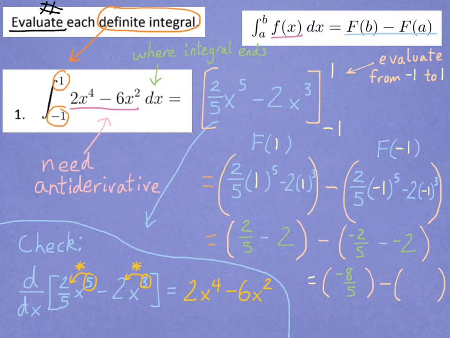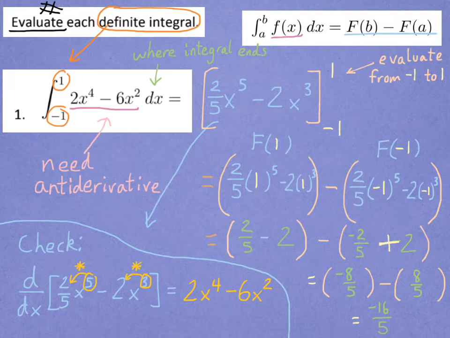For the second set of parentheses, a negative 2/5 minus minus 2, that would be plus 2. So 2 again being 10/5, negative 2/5 plus 10/5 would be positive 8/5. Okay, and we're subtracting those, so we would get negative 16/5. How's that for fractions? Okay, and you'll have plenty of time to practice, don't you worry.